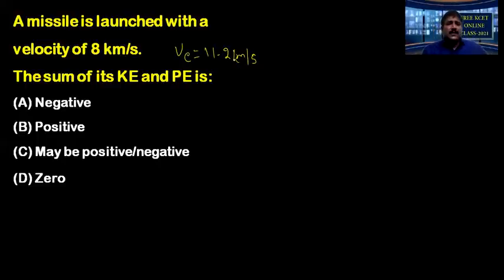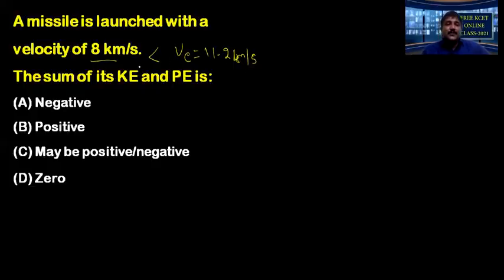If a body is projected with escape speed, it will just reach infinity, and its kinetic energy becomes 0 at that point. Potential energy also becomes 0. So kinetic plus potential energy is 0 at infinity, the total energy at infinity.